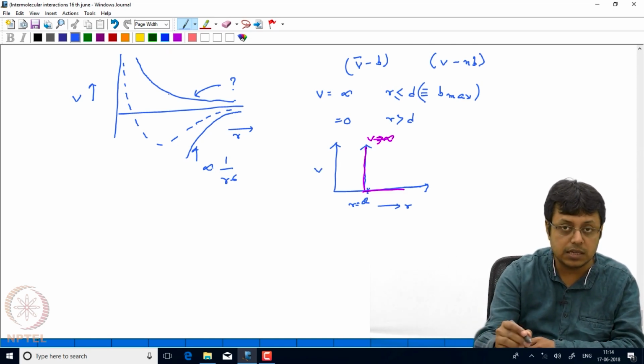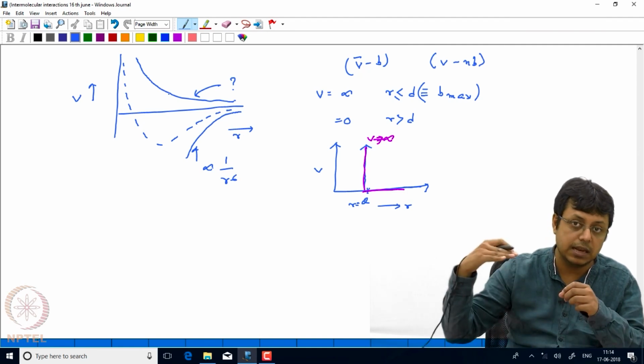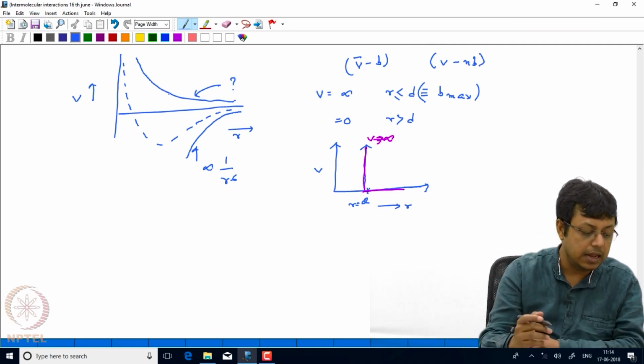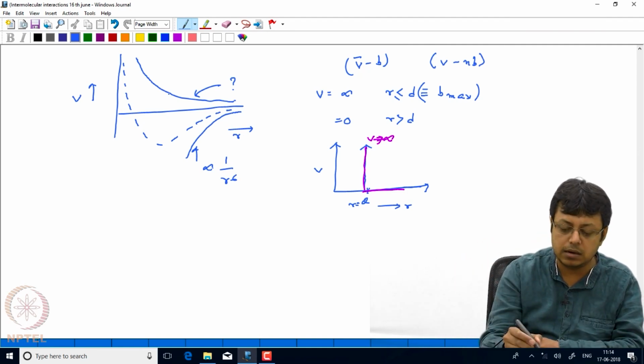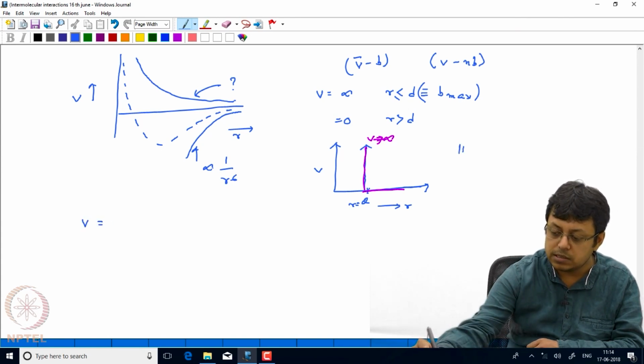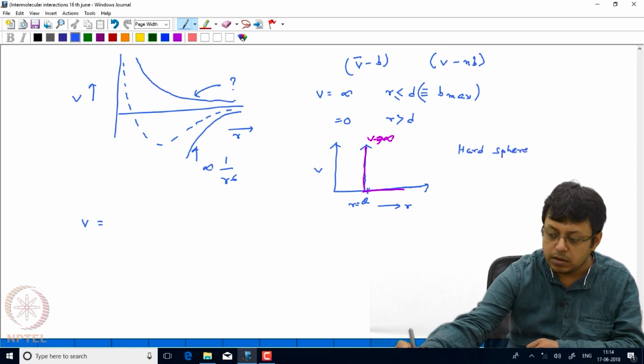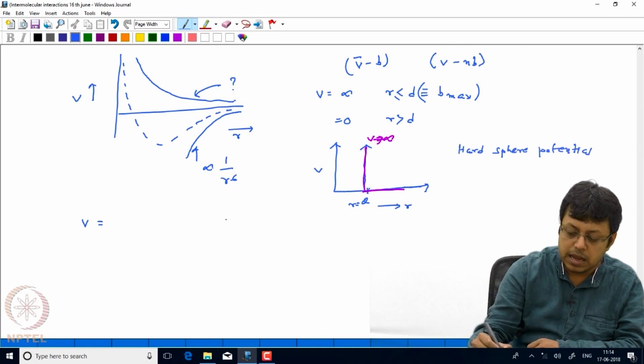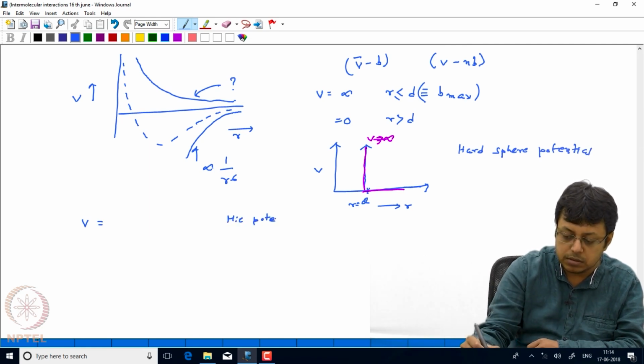But in reality, you see that the potential is very different. It basically has a smooth variation, and there are many other kinds of potential. This is known as the hard sphere potential, and then for spherical particles there is something called the Mie potential.